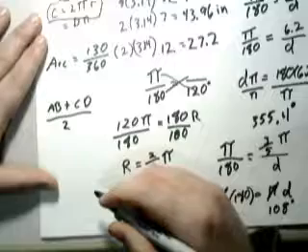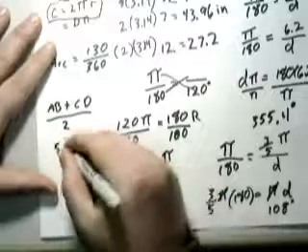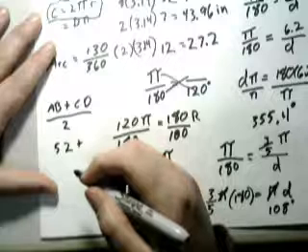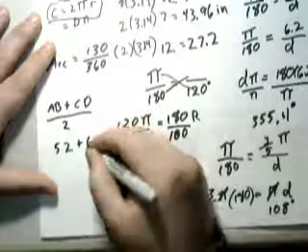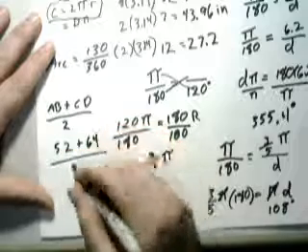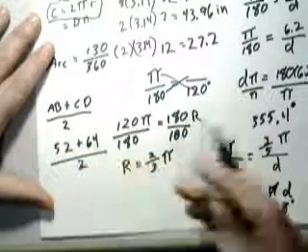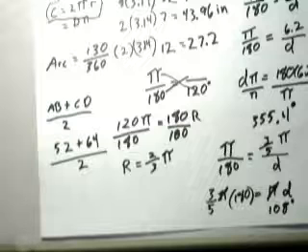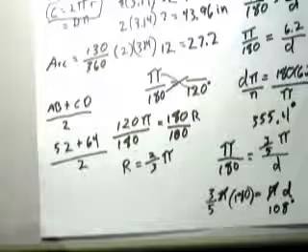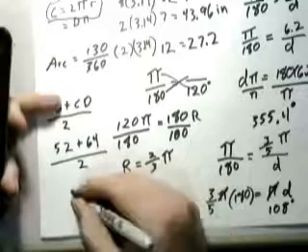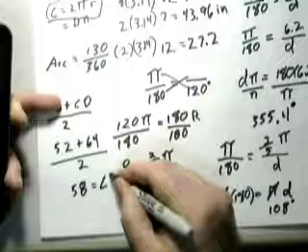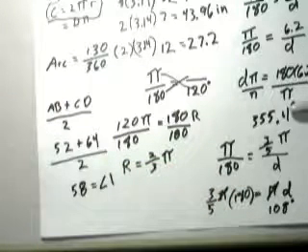AB is 52, so we've got 52 plus CD is 64. Then we're going to divide that by 2. So 52 plus 64 is equal to 116, divided by 2 is 58. So that is equal to angle 1.